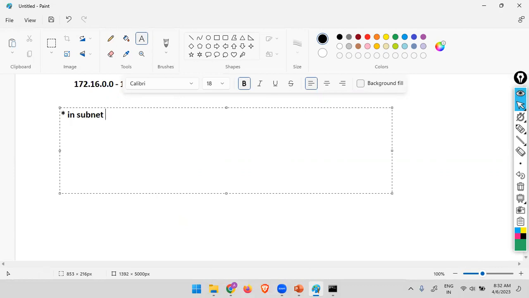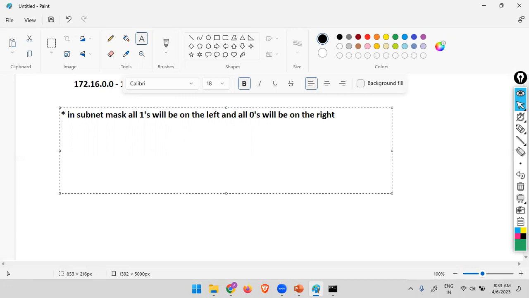In subnet mask, all ones will be on the left and all zeros will be on the right. It will never happen that you have ones, zeros, ones. If there are ones, they will all be on the left. If there are zeros, they'll all be on the right.